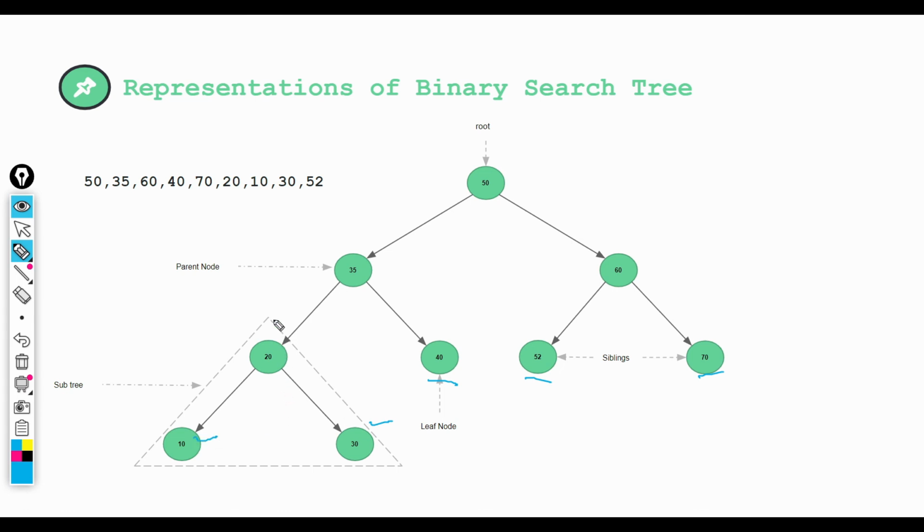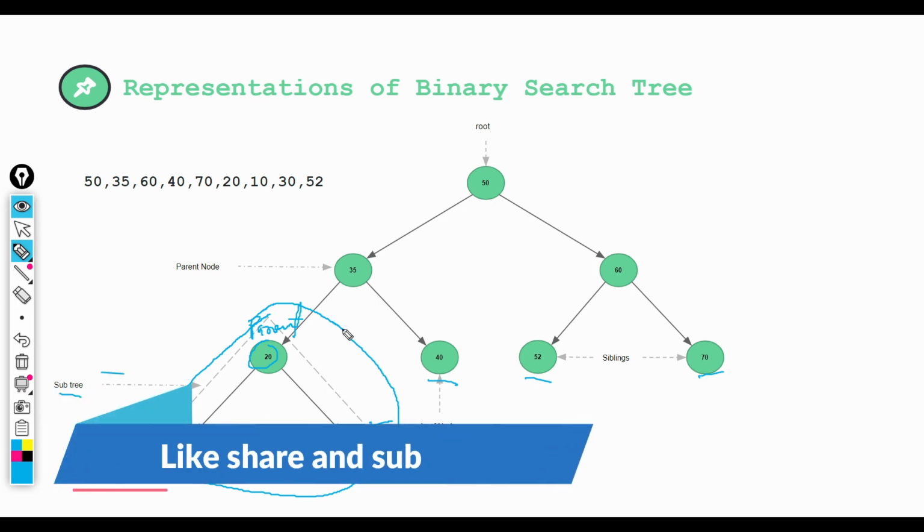If you look into this structure, right, this child is framing a tree because this child has its own child, and because of this child, this 20 node will become a parent, right? So this one is framing a subtree as mentioned here. Along with that, this is also framing a subtree, right?